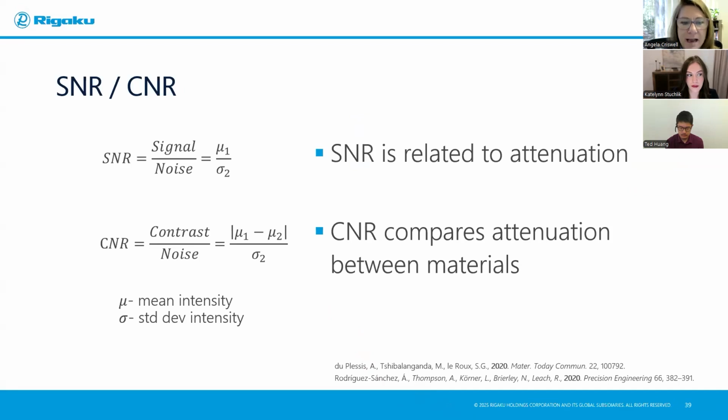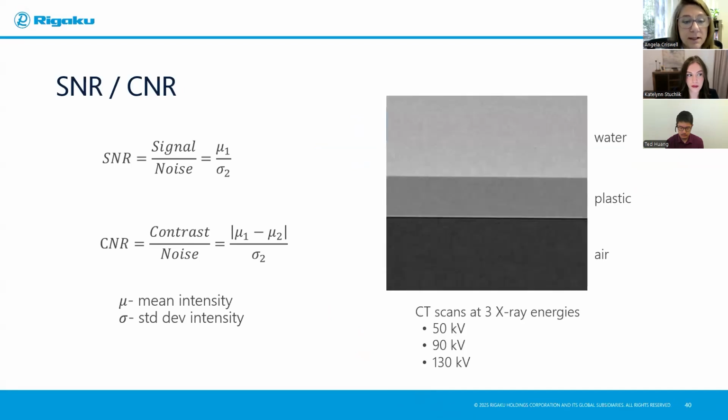So let's go back to our sample, in this case, our water, plastic, air sample, and do some of these calculations for different energies. And of course, you want to do these at different exposure times as well.